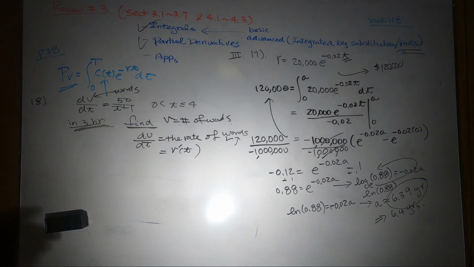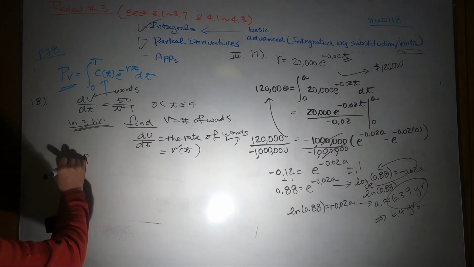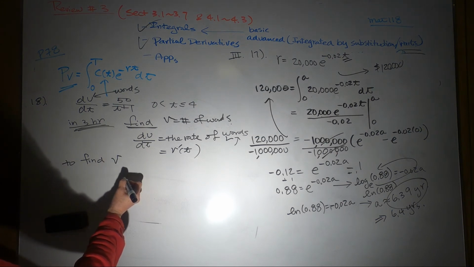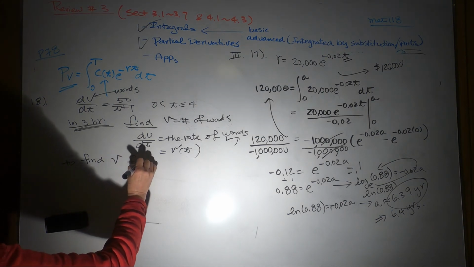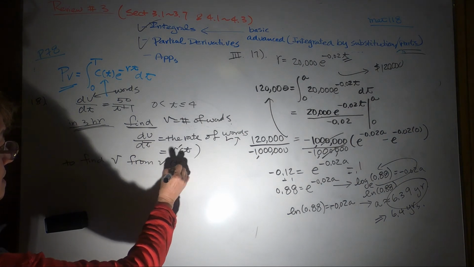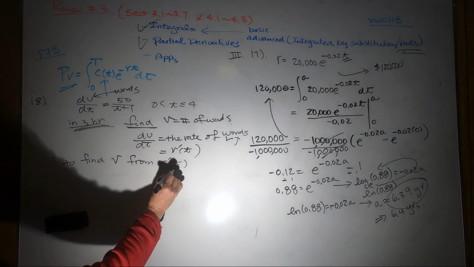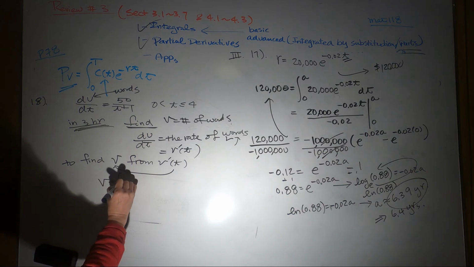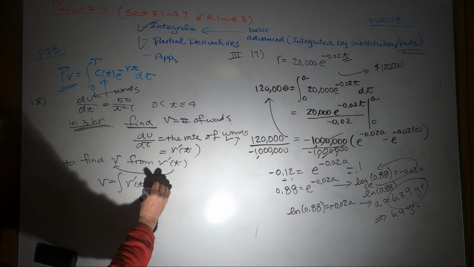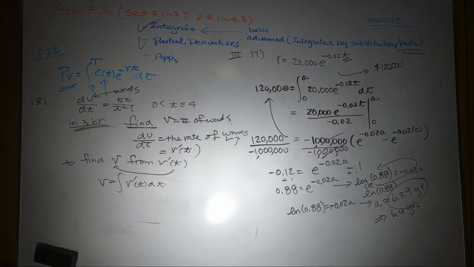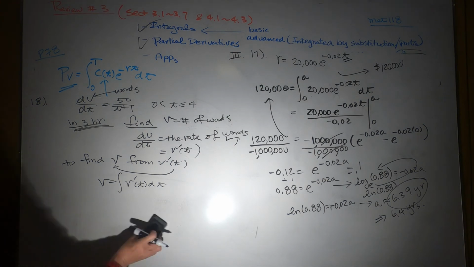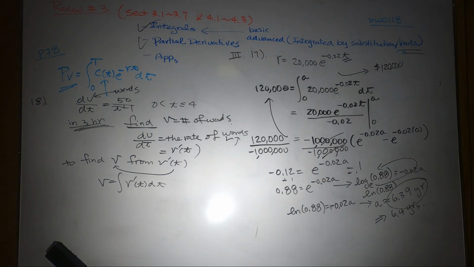So we wanted to find V from V prime t. That's given, right? So to find V from V prime t, what do we need to do? Then we know the integral of V prime t dt, antiderivative, that would be your V, because you take a V, take a derivative would be V prime, right? So we need to do that.